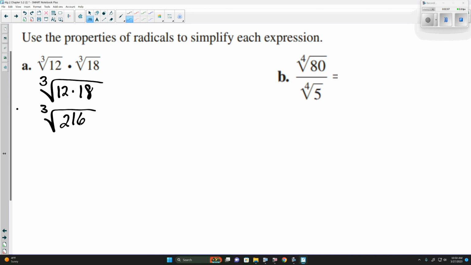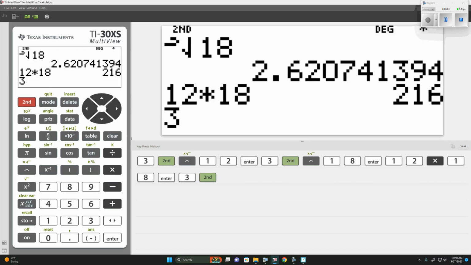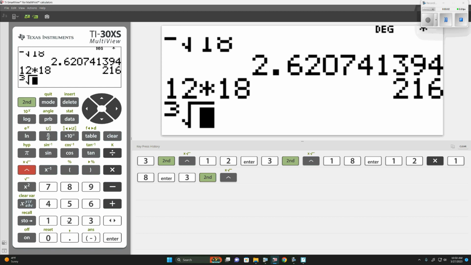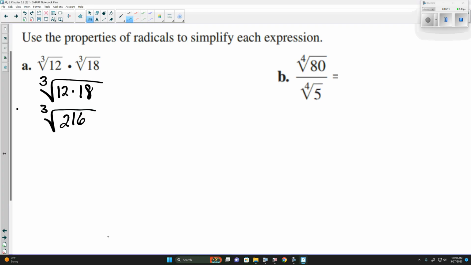Now at this point here, we could try taking the cubed root of 216. And we get 6. Questions on how we got to this here?